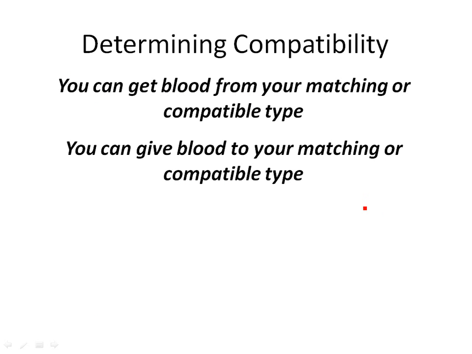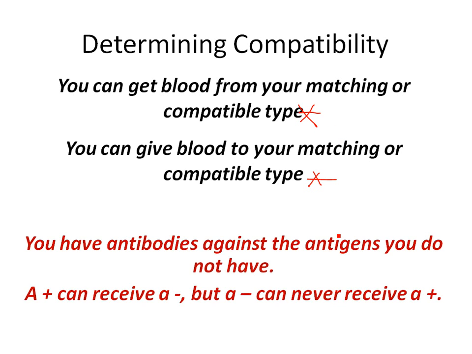Remember, you can always give blood to someone who matches. You can always receive blood from your match or O negative, and then whatever else is compatible. Remember, to figure out compatibility, we have antibodies against antigens we don't have. So you need to focus on antigens and make sure that when you're matching recipient to donor blood, the antigens are compatible.